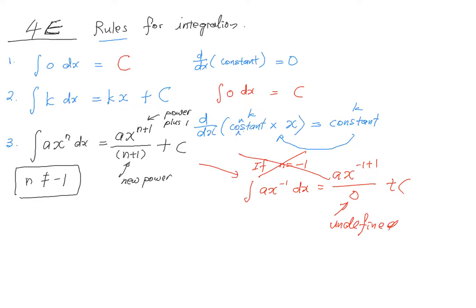So rule number 3, are you clear with rule number 3? Okay, good. Let's have a look at examples. How am I going to tackle questions like all this? If I give you, find the integral for each of the following.